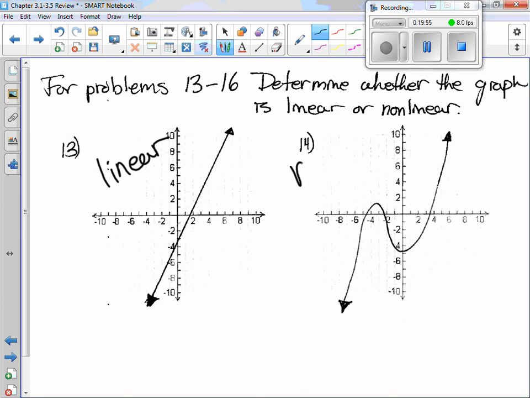This is non-linear because it is not a straight line, because if it is a straight line, it is linear. Kind of tells you. The first four letters of linear are L-I-N-E, line. It's a line. It's linear.